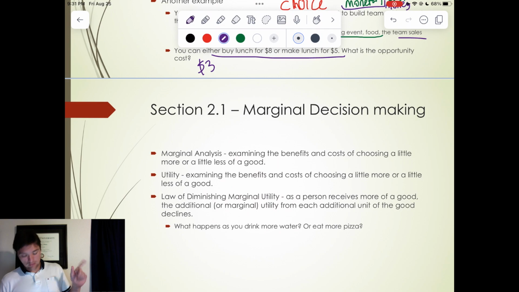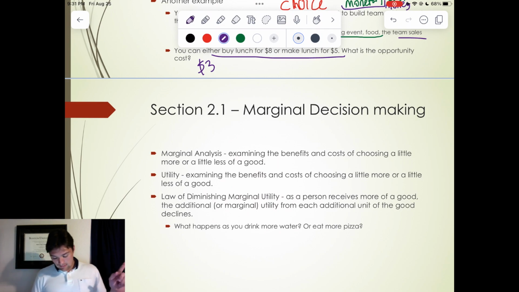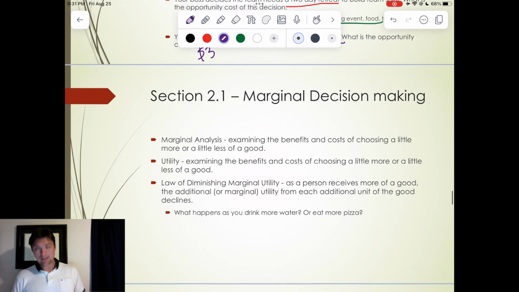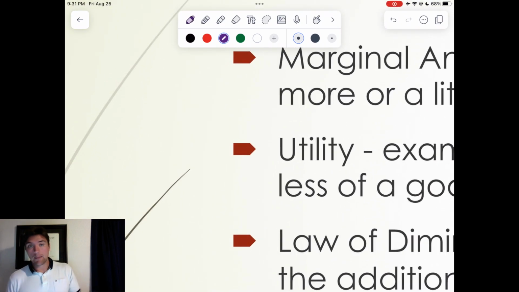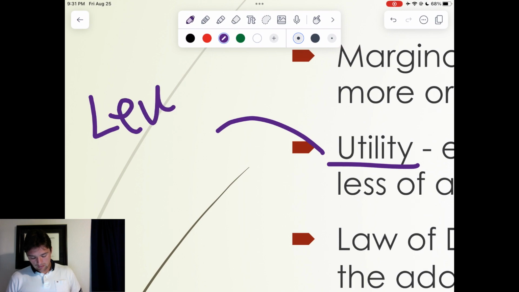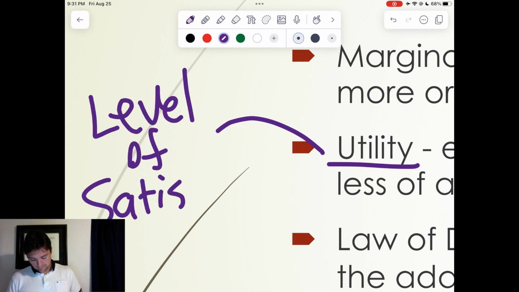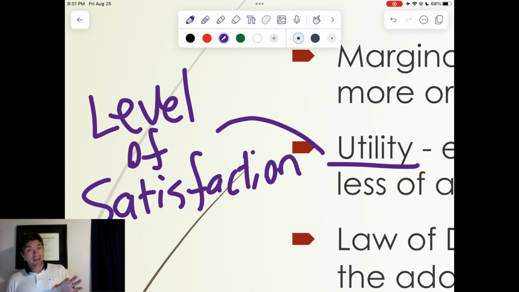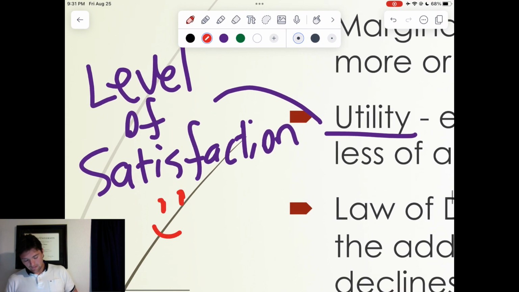Now, what is utility? Utility basically is how much we measure happiness. That's what we're trying to do. So anytime you see the word utility, it is your level of satisfaction. And the way I like to think about it is smiley faces.